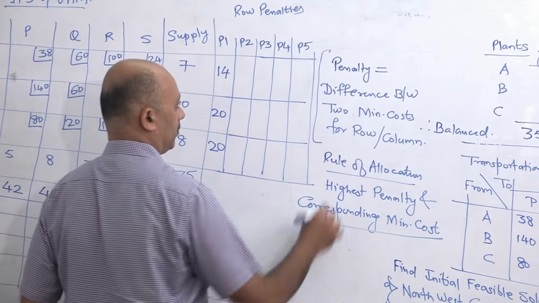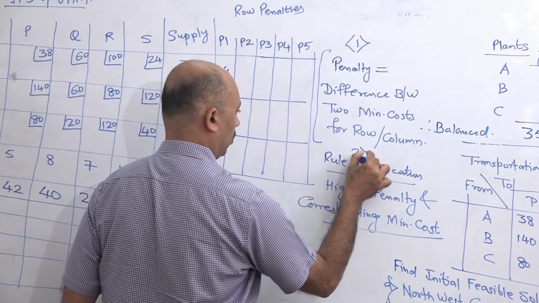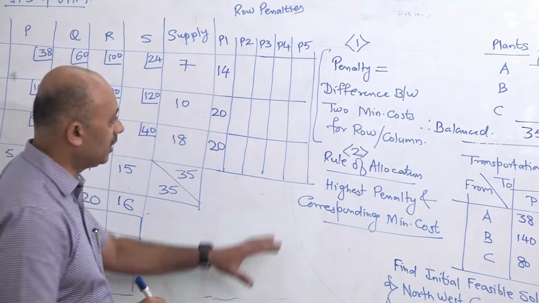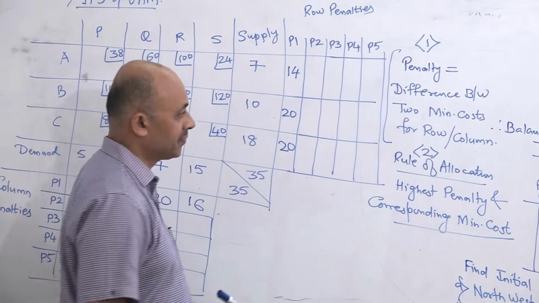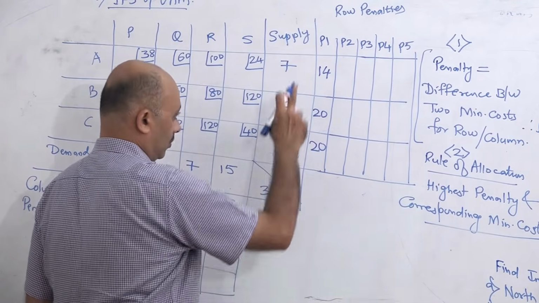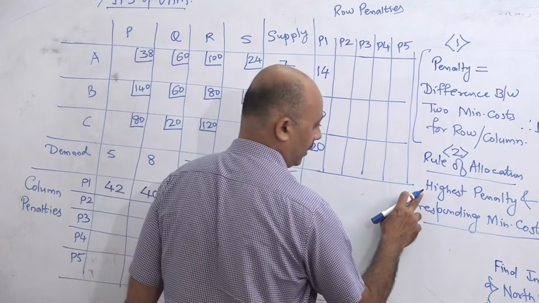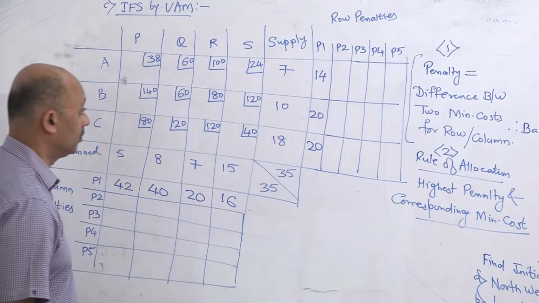So two things you have to remember. First thing, how to calculate penalty, and second thing, what is the rule of allocation. So I repeat, penalty is the difference between two minimum costs for each row and each column. And the rule of allocation is you consider all the penalties, row as well as column, and select the highest penalty and give allocation in the corresponding minimum cost.